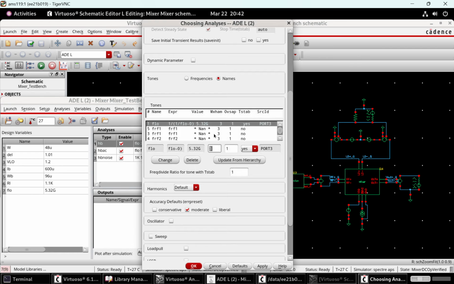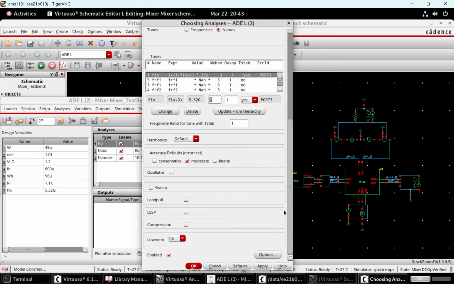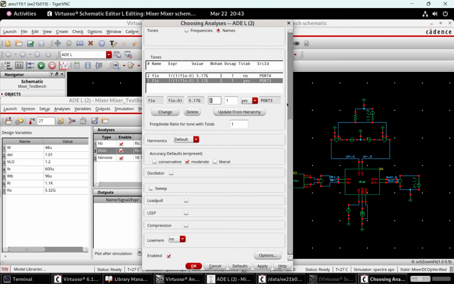The HB setup is as follows. I have set the frequency FLO, and it's set to the center of the band, that is 5.32 gigahertz. And the HBAC is also set in such a way.